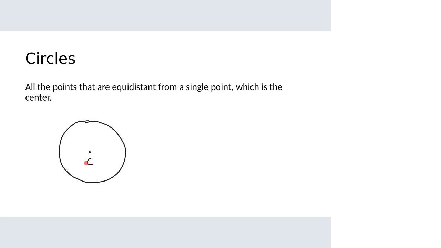So we have a center of our circle. Essentially, we have a really long string, and we stretch it out and draw a circle. That's what we would end up with, where everything that's the same distance from that single point is a circle.